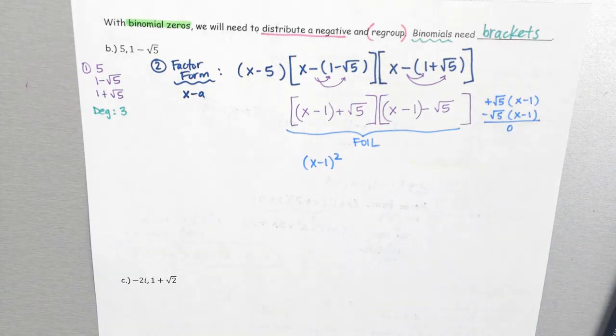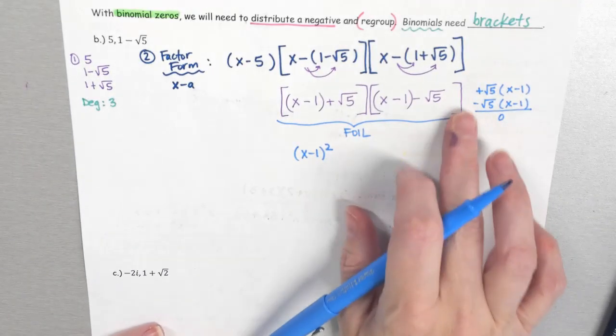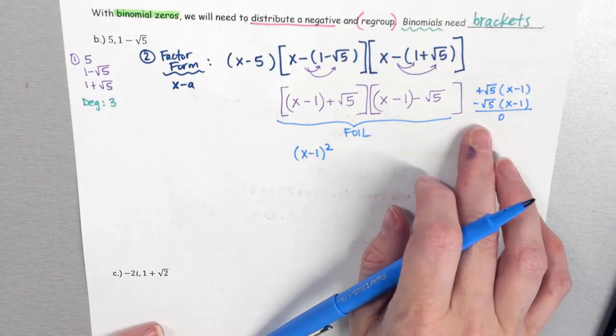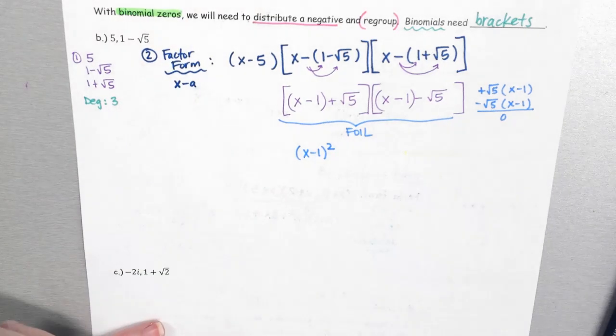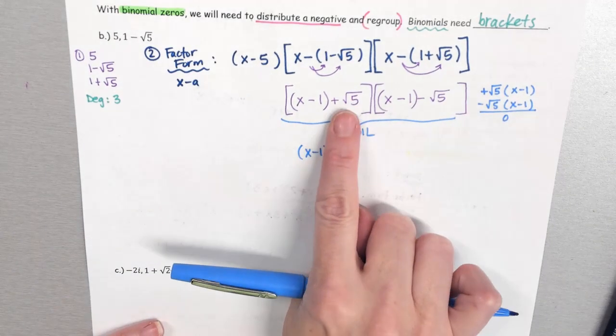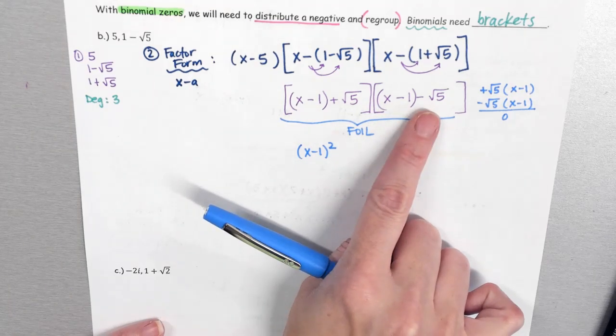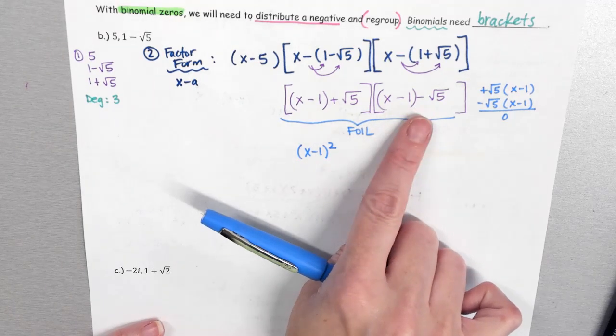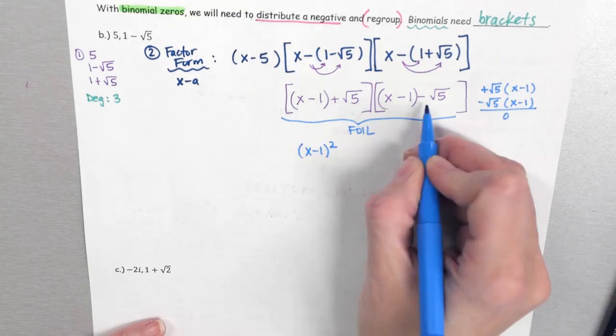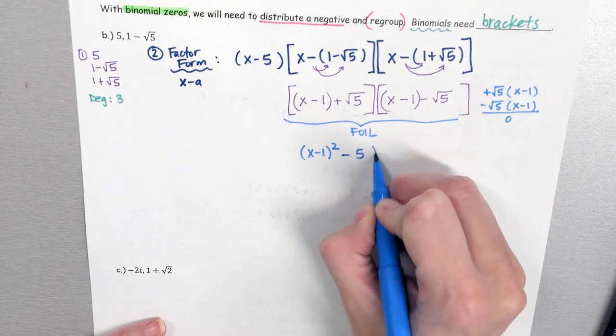So that's why you don't have to write it down every time, because with conjugates, the inside and outside products should always sum to 0. And then the last one, root 5 times root 5. Do we know what root 5 times root 5 is? 5, because it's the square root of 25, which simplifies to 5. A positive times a negative is a negative.